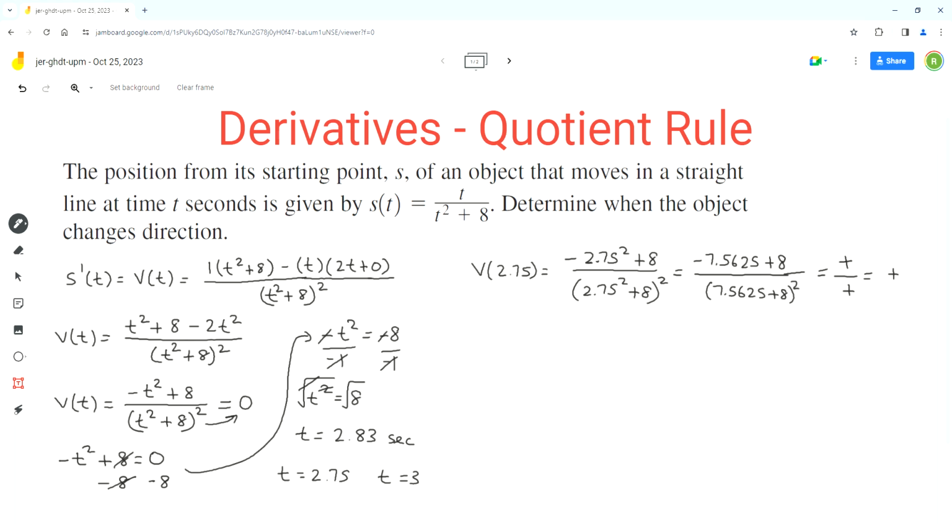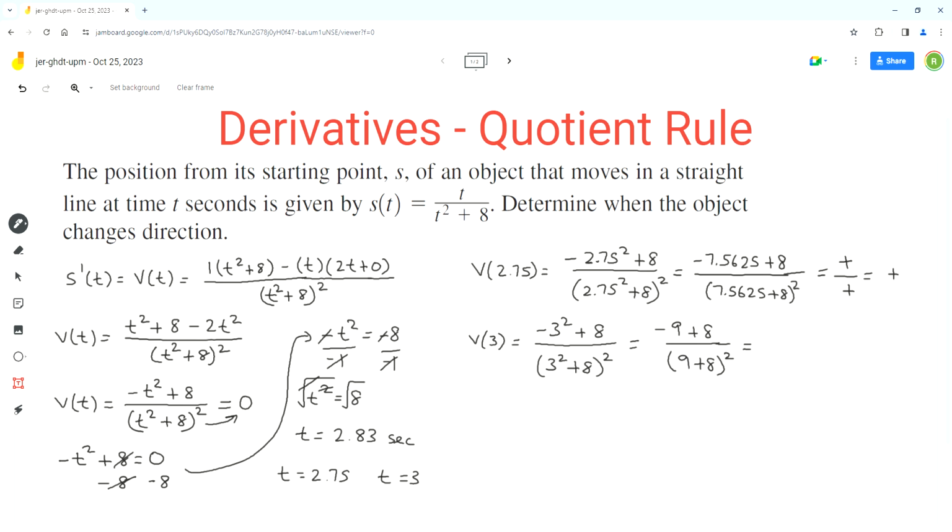Now we'll calculate the velocity to the right side of the point we got. So v at 3. We'll sub in t as 3 in the velocity function: negative 3 squared plus 8 over 3 squared plus 8 squared. Now we simplify. 3 squared is 9, so negative 9 plus 8 over 9 plus 8 squared.